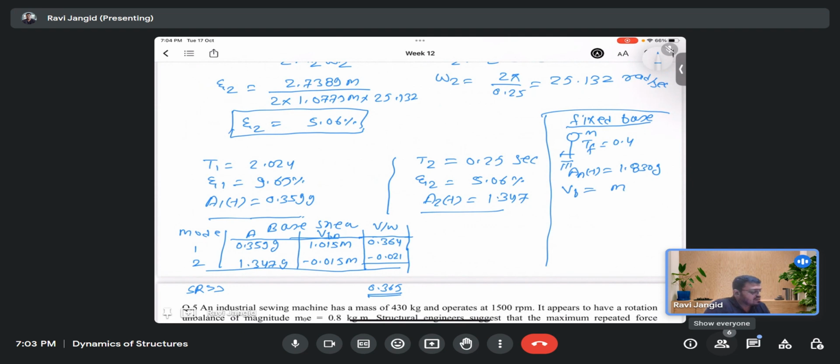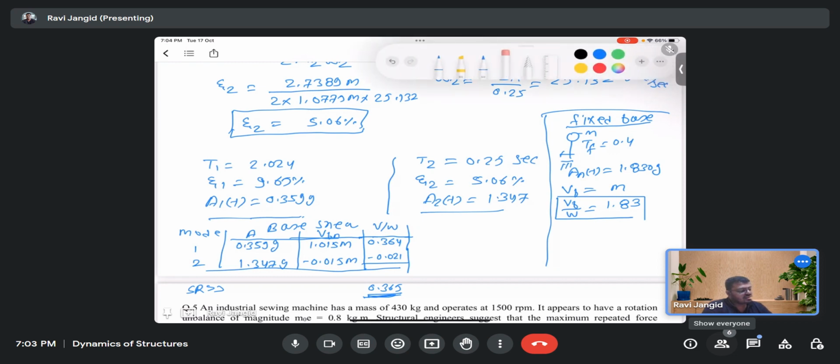If I take the ratio Vb by W, 1.83 is the ratio from the single degree of freedom system. So if I compare the base shear for the base isolated building, the Vb by W ratio, with the fixed base building, I can get how much difference, how much reduction there is.